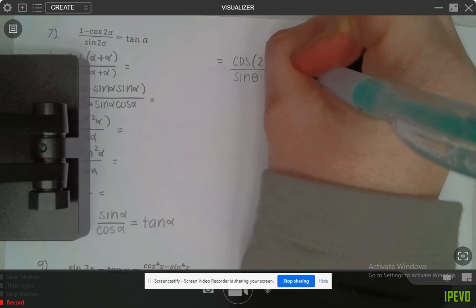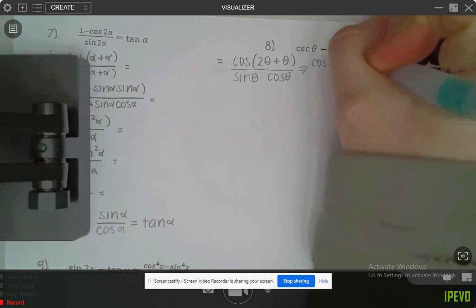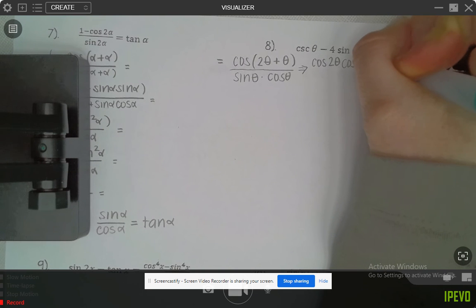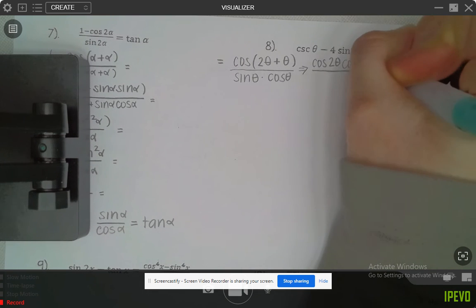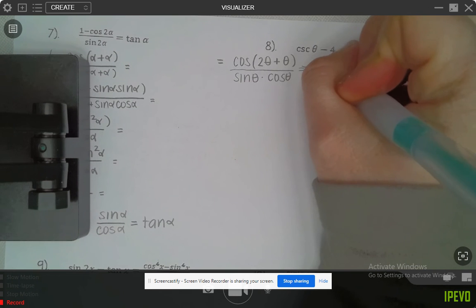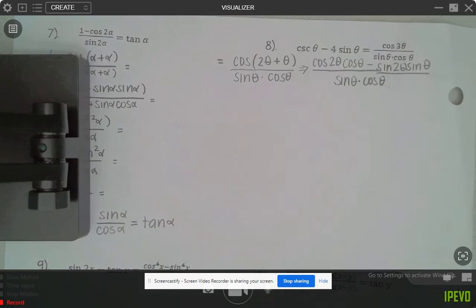So I'm going to have the cosine of 2 theta, cosine theta, minus sine of 2 theta, sine of theta, divided by sine theta times cosine.